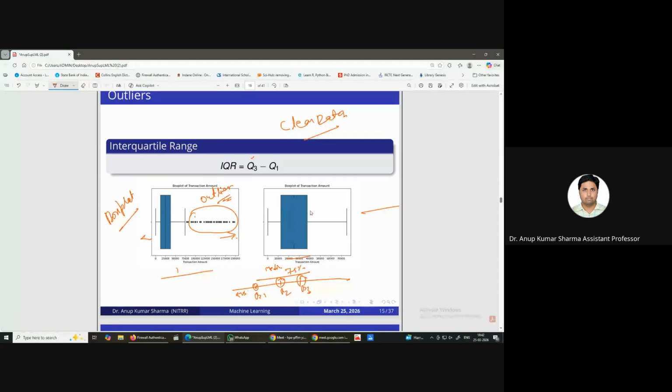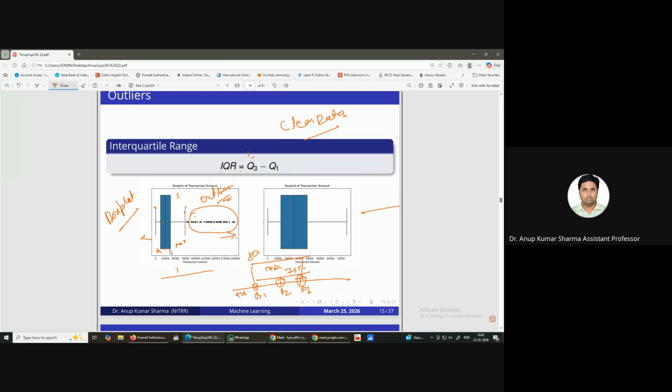This is important. IQR means interquartile range, Q3 minus Q1, so we are including only the middle 50% of the data in our system. This line is the median; the mean may be here or here, but it is not shown in this one. This is the range of this part.